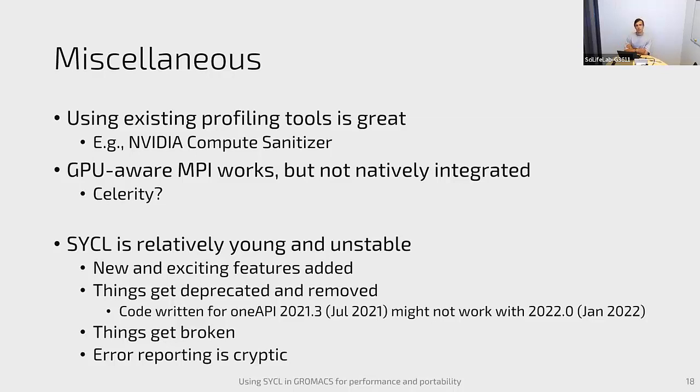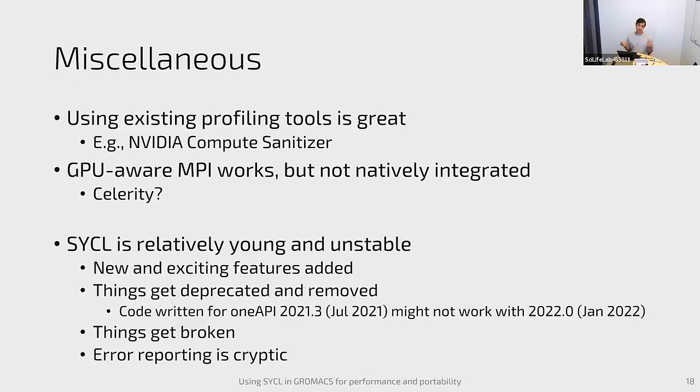We had some success with our currently experimental, not yet released work in using GPU-aware MPI to avoid having to stage the data from GPU to CPU and send it between CPUs and then back to GPU. To use DMA to directly send the data between different GPUs.